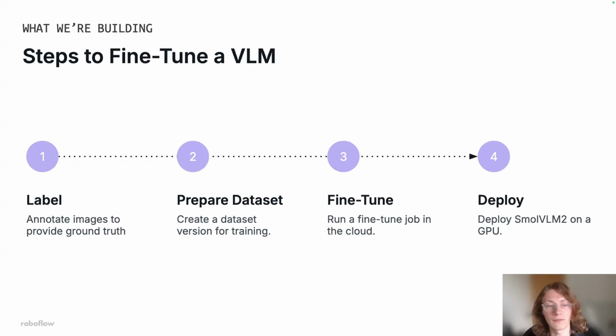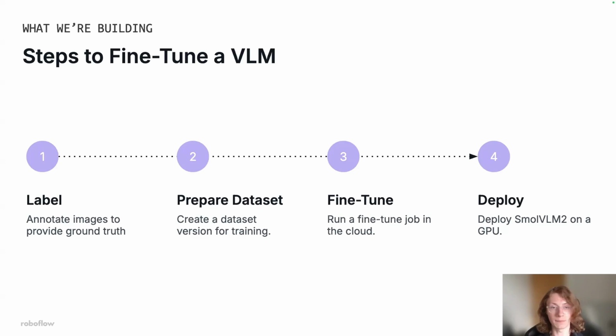So how do we fine-tune a VLM? What are we going to be talking about? So the flow for fine-tuning a VLM is basically the same as object detection or classification. You label your data, get some ground truth, you prepare a dataset that you'll use to fine-tune your model, and then you will run a fine-tune job. And in this case, we'll be doing it in the clouds with one click, which is great. And then we'll be deploying that SmolVLM2 model.